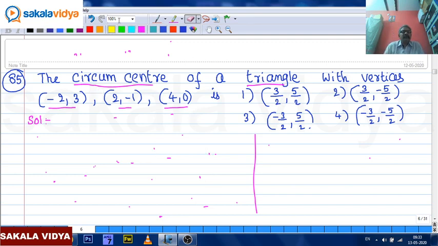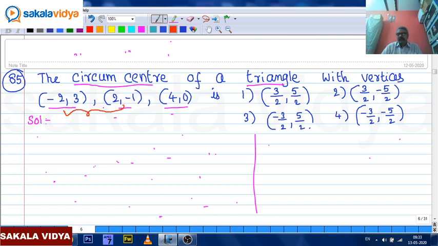See, the circumcenter of a triangle with vertices minus 2 comma 3, 2 comma minus 1, 4 comma 0. So, better this can be done like this. First, let us find the perpendicular bisector of the line joining these 2 points.